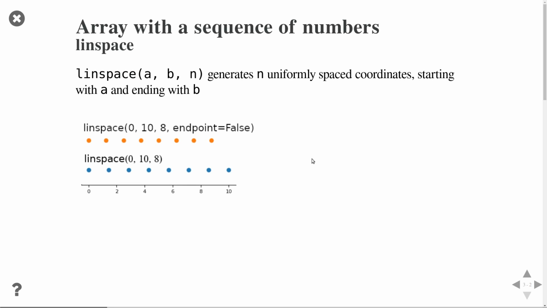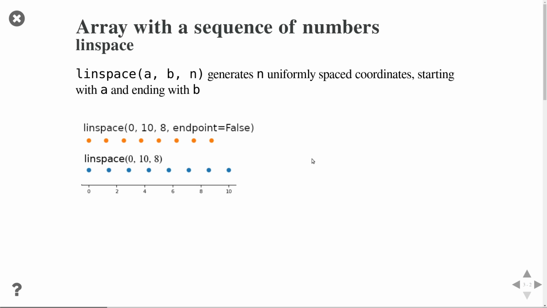One thing that is very useful is if you want an array containing a sequence of numbers starting at a starting point, going all the way up to an endpoint, with a linear, or constant, spacing between each number. That's exactly what the linspace function does. You provide a starting point, an endpoint, and a number of points, the array length essentially, and then you get an array out.